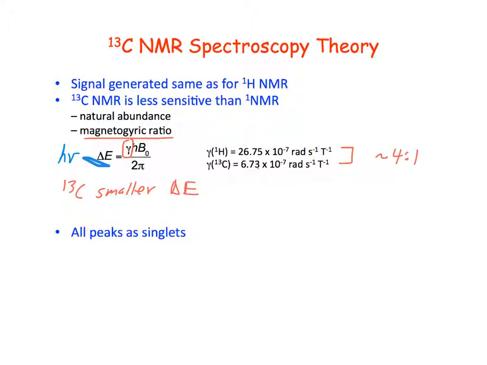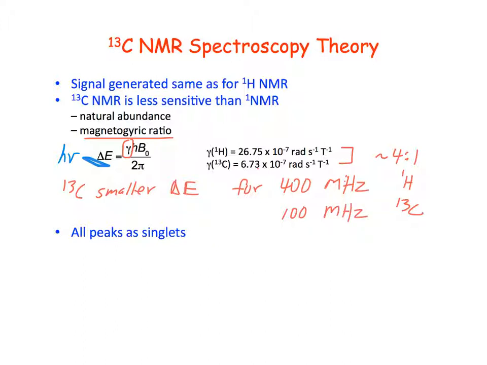So for a given instrument, say a 400 megahertz NMR, we call it a 400 megahertz NMR, which means that that's the proton frequency. Then the C13 frequency is only 100 megahertz.